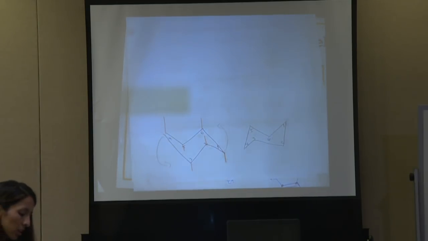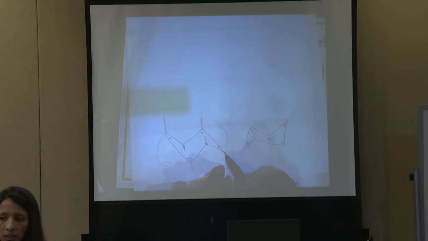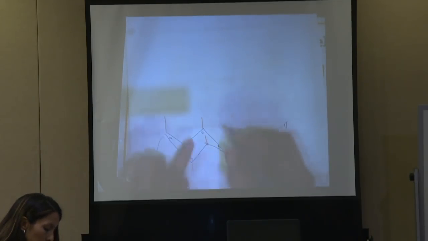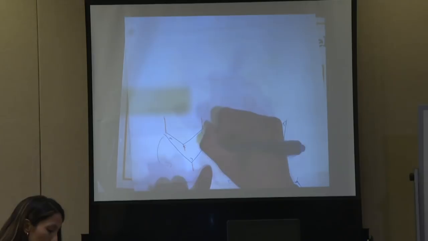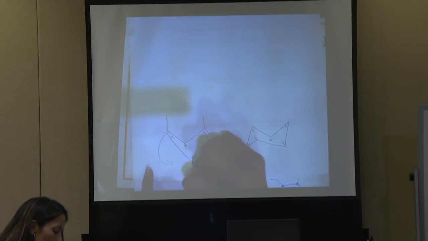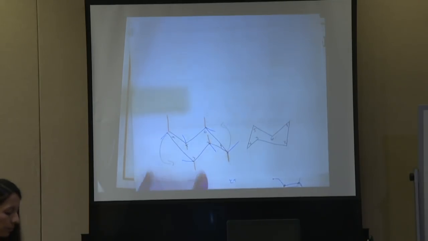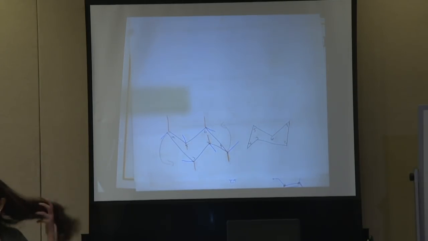Okay. So if my axial is down here, what does my equatorial have to be here? Cool. And what kind, equatorial or axial? Awesome. So it's all going to be equatorial. So what is this, up or down? And this one? And this one? And this one? Does that make sense to everybody?